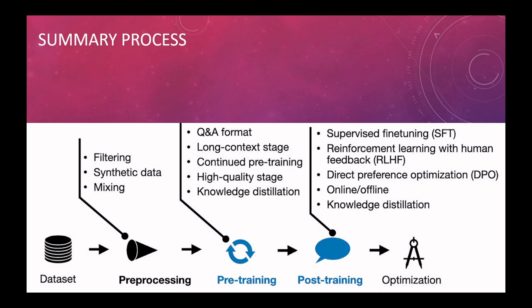If you see, there is filtering, synthetic data, sometimes you do the mixing, and there are also question and answers from long context, and a lot of other things. But we did not discuss them in a lot of detail here because they are not really the context of this particular video. If these steps are to be discussed in a different video, we will discuss them in detail.